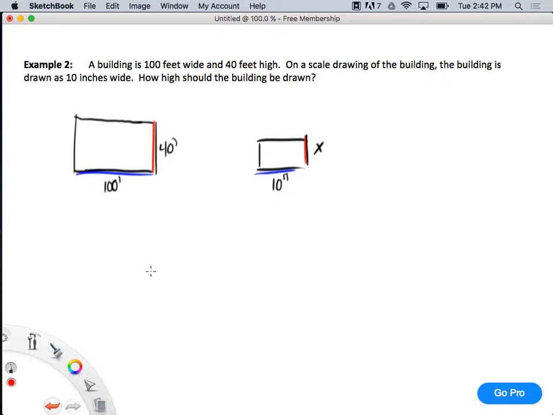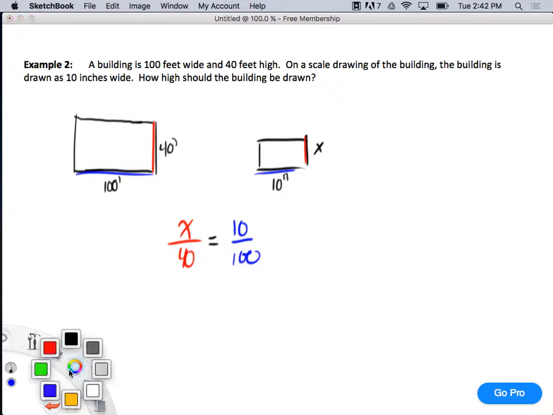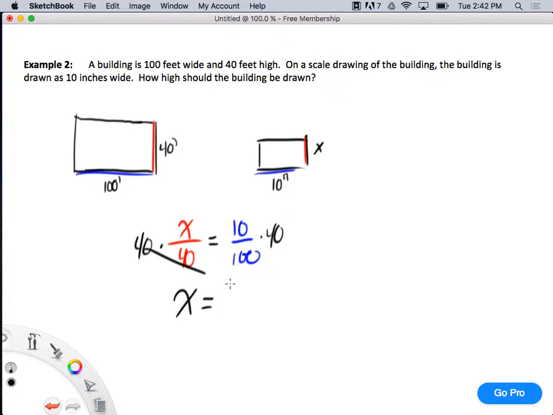Simple as that. x over 40 equals 10 over 100. Okay, what do I do? I multiply both sides by 40, and I get x equals 10 times 40 is 400 over 100, or x equals 4.